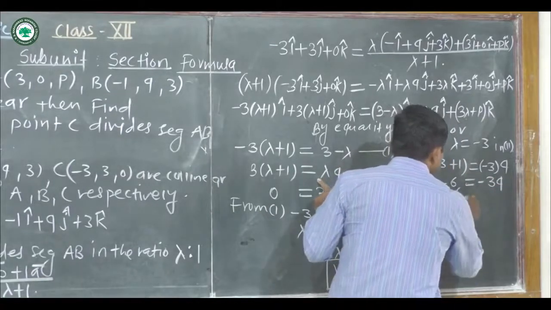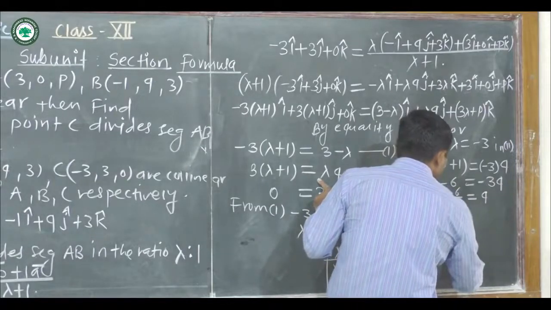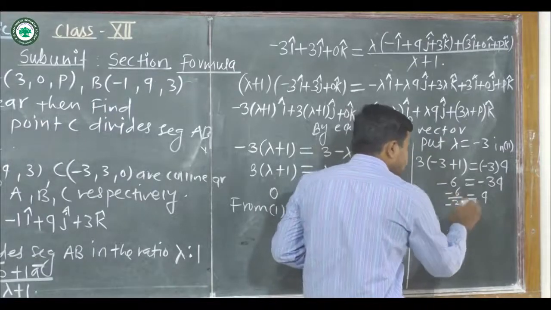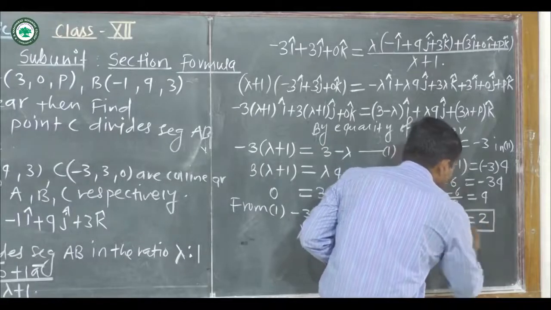So minus 6 divided by minus 3 is equal to q. Minus by minus becomes plus, and 3 2s are 6, so q is equal to 2. This is the value of q.